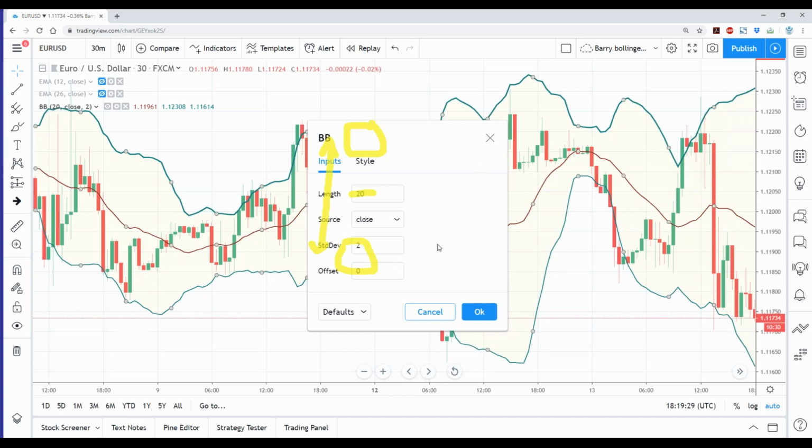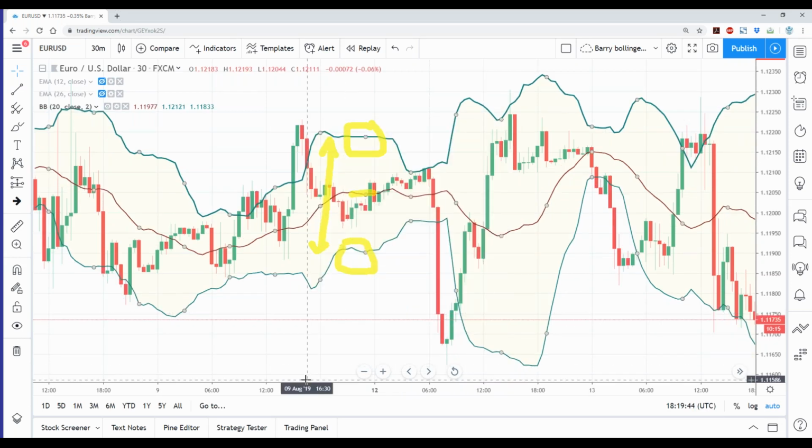Now, there are some interesting ways we can use what we call an offset, because as you know, a moving average is a lagging indicator and it lags behind. We can use a 3-period offset and help move this moving average a little bit forward to make the lag a little bit less.